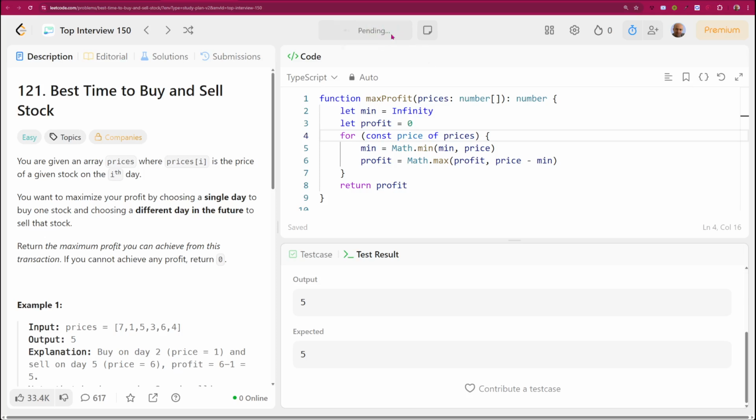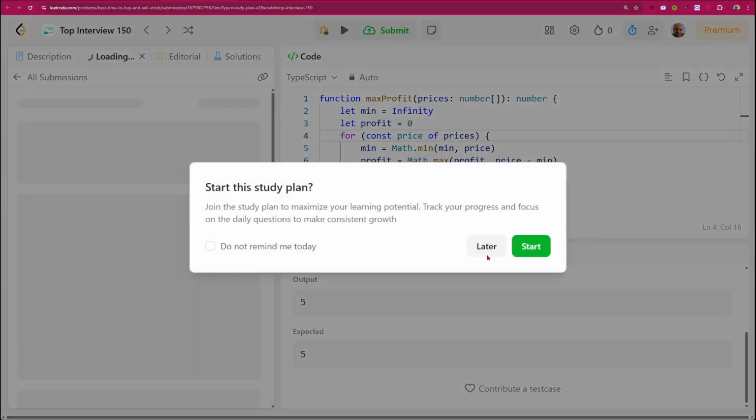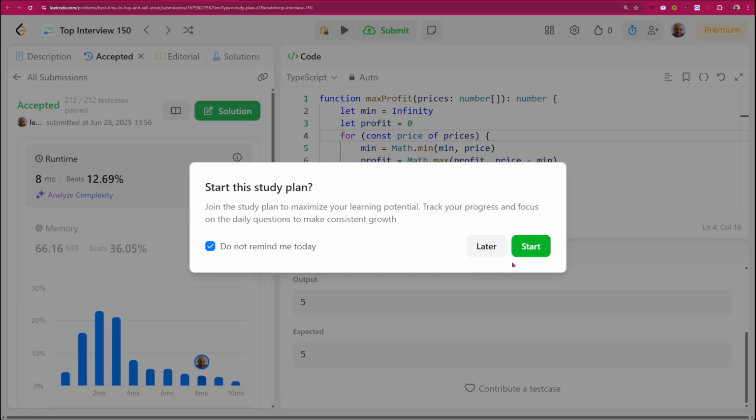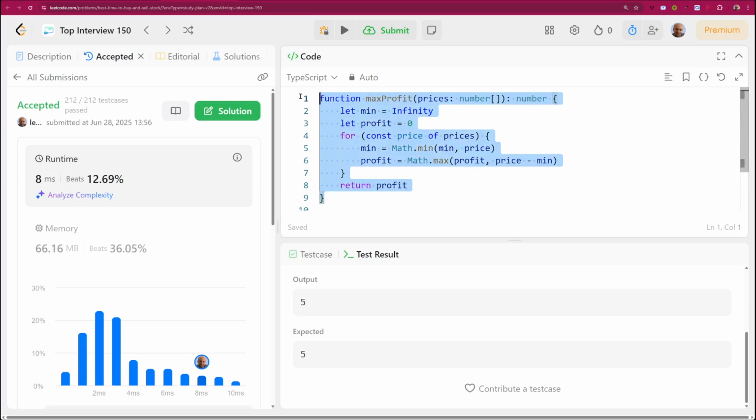Let's try on the actual tests, the full suite of tests. Okay, I think we also passed this. 8 milliseconds, 66 megabytes of memory. It's not the best performance.